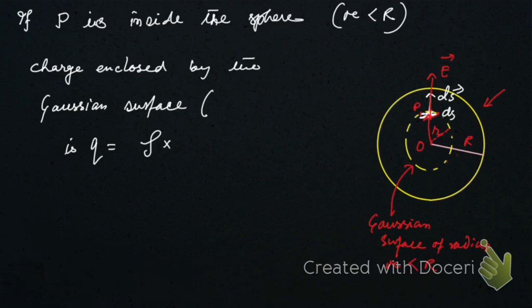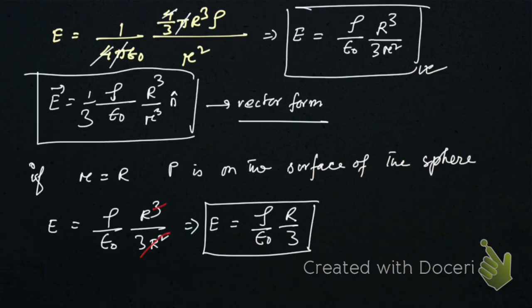The Gaussian surface in this case is a sphere of radius small r. So the volume of this Gaussian surface is equal to 4 by 3 pi small r cube.